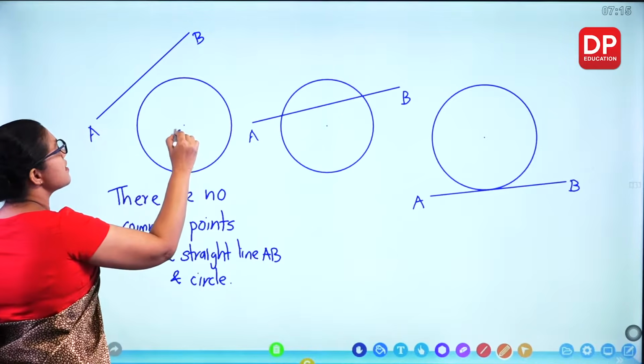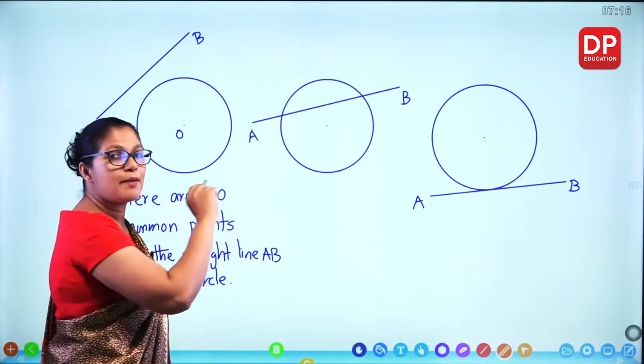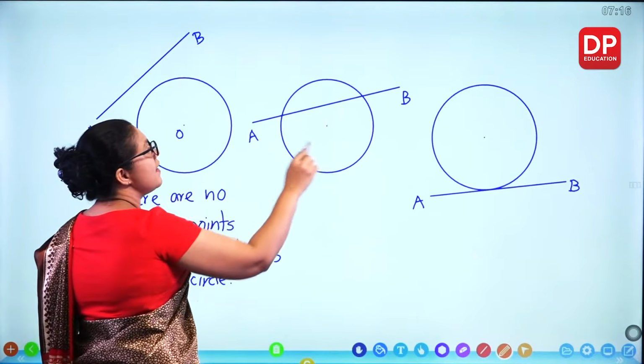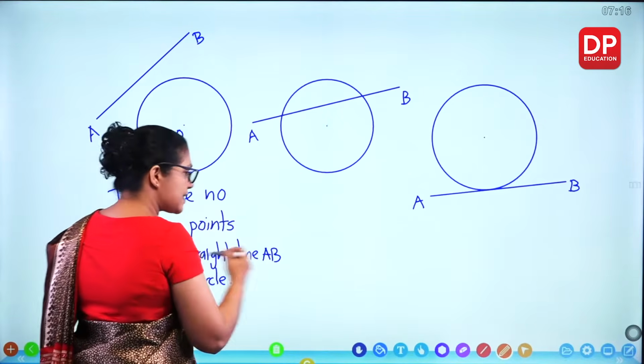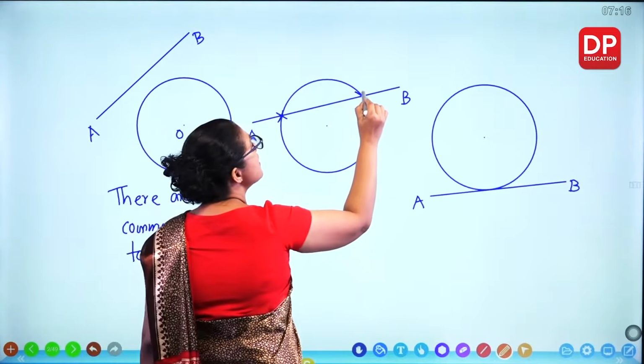So this is the center O. When you look at this diagram, what can you see? There are two intersecting points with the line and the circle.